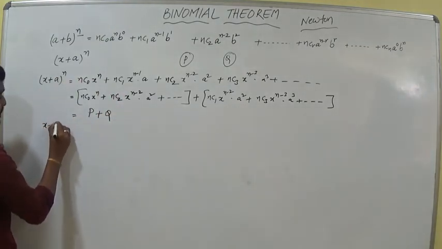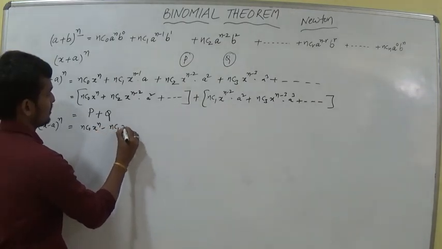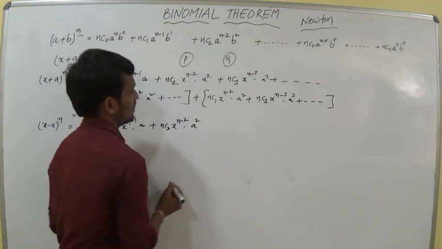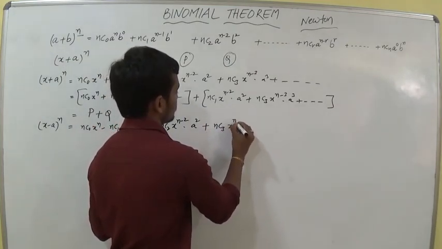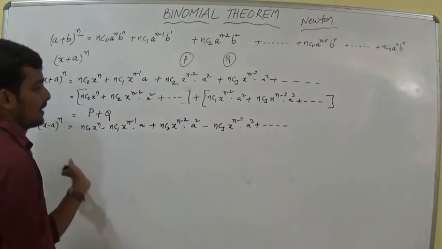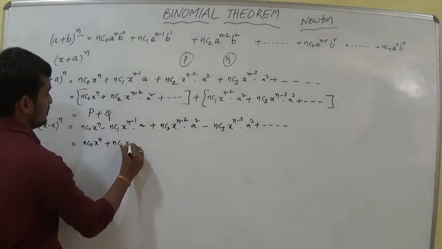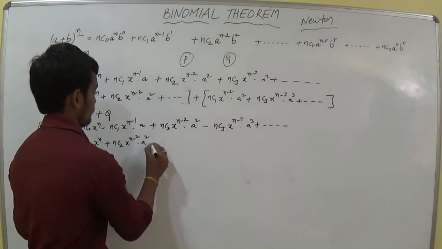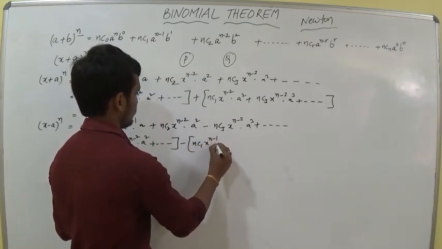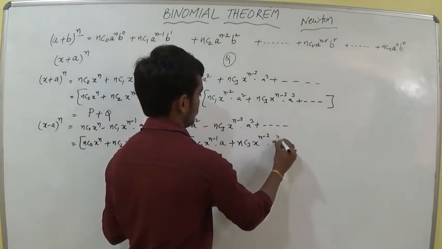(x minus a) whole power n is equal to, write the expanded form: nC0 x power n, the next term minus nC1 x to the power of n minus 1 into a, plus nC2 x to the power of n minus 2 into a square, minus nC3 x to the power of n minus 3 into a cube, and so on. Again, odd terms in one bracket and even terms in the other: nC0 x to the power of n plus nC2 x to the power of n minus 2 into a square, and so on, minus nC1 x to the power of n minus 1 into a plus nC3 x to the power of n minus 3 into a cube, and so on.